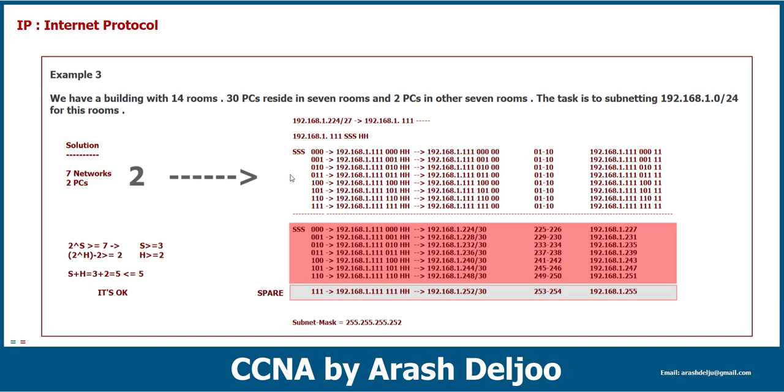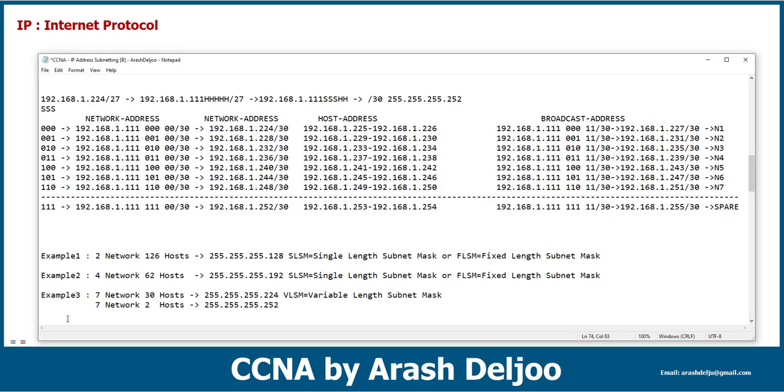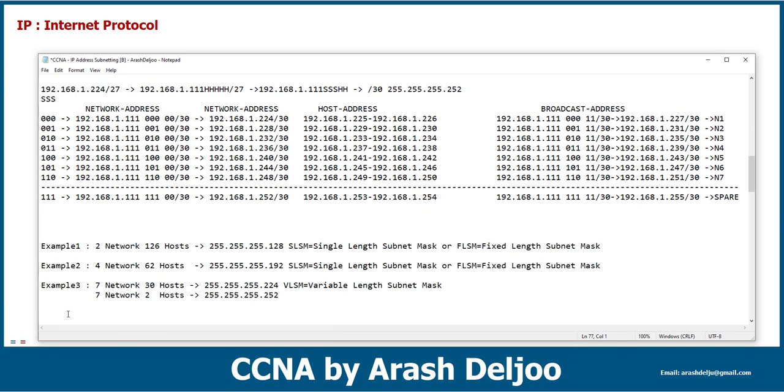In the previous scenario, we experienced a network with 2 requirements, 7 networks with in each network 30 PCs, and also 7 networks in each network, for example 2 PCs. But in the fourth example, I'm going to give you one network with 3 types of requirement. Let me show you what the requirement is.